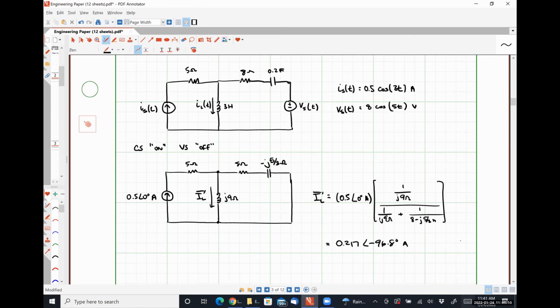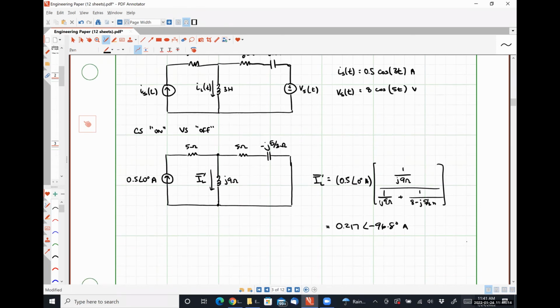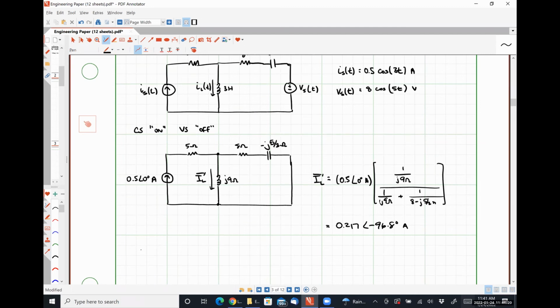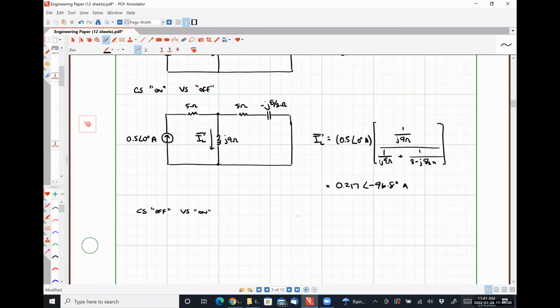Now we'll analyze the circuit with the voltage source on and the current source off. Obviously I have transient analysis on my mind. So our current source is going to look like an open circuit.